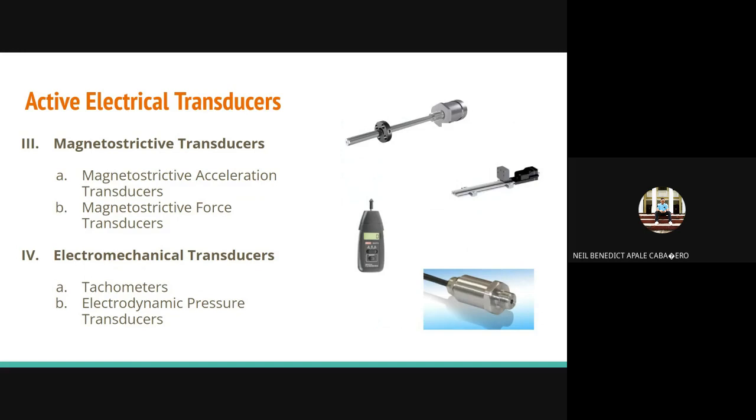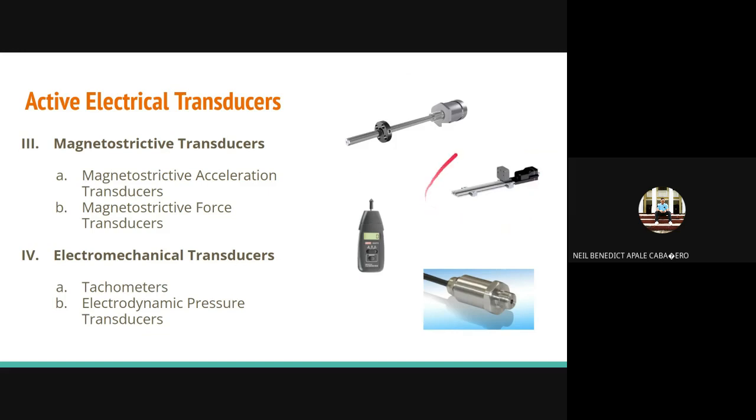It relies mainly on the magnetic field, like the sensors discussed earlier whose stimuli are based on magnetics. Examples would be magnetostrictive acceleration transducers and magnetostrictive force transducers, the first two pictures above.